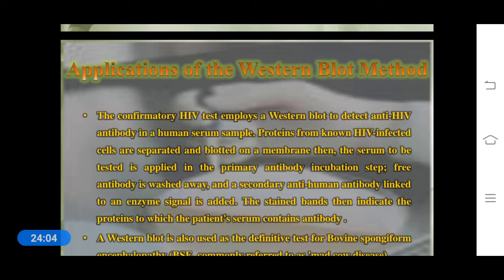These serums will be available with the kit itself, and will be applied onto the protein sample. The patient sample is taken as a secondary antibody, and if the patient has HIV, that HIV antibody will bind and produce enzyme activity, producing a stained band. It indicates the presence of HIV in the patient.